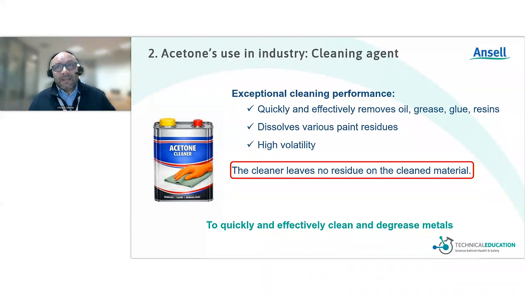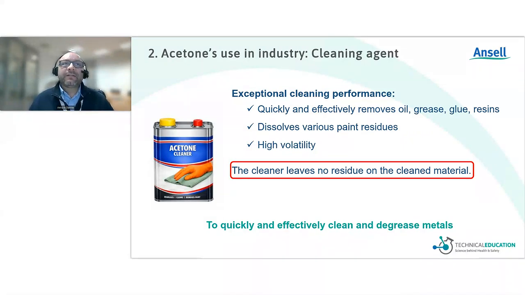This is coming from a web shop where they are selling acetone, and this is the information that they put. Of course, it's marketing information. Quickly and effectively remove all grease and glue and resin, which is right, of course. Dissolve various paint residue and high volatility.